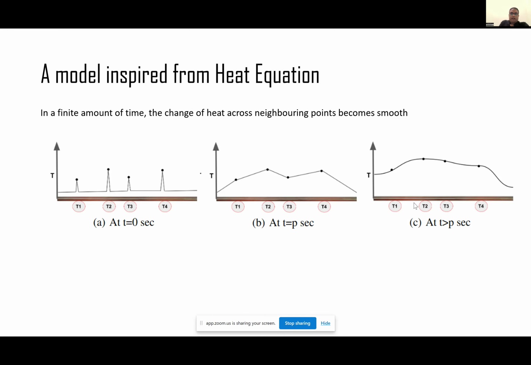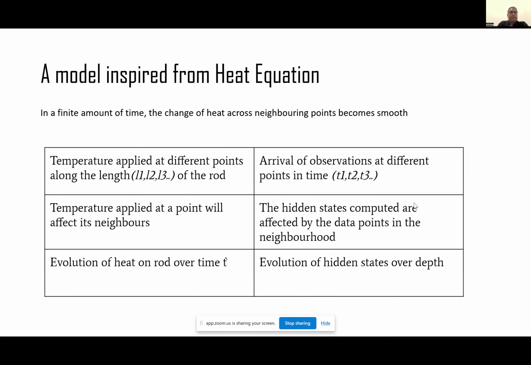Here is how we translated this principle into our continuous model. The temperatures applied at different points, as shown in the previous figure, L1, L2, L3, we assume as the arrival of observations at different points, T1, T2, T3. As the temperature applied at a point affects its immediate neighbors, the computed hidden states affect the data points in their neighborhood.